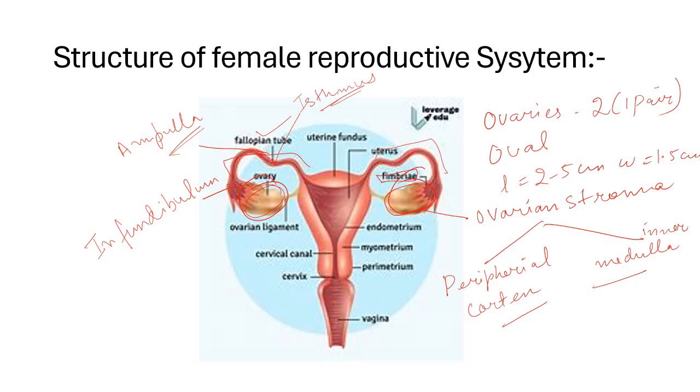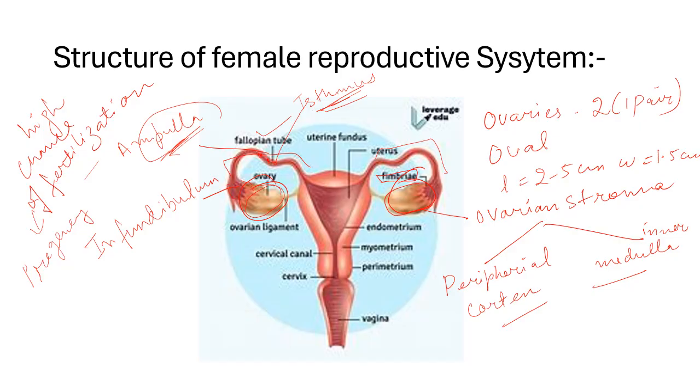When the egg is present in between these two structures, there is a high chance of fertilization. The position of the egg should be in between the ampulla and isthmus. When the egg is at this position, there is the highest chance of fertilization, which leads to pregnancy.